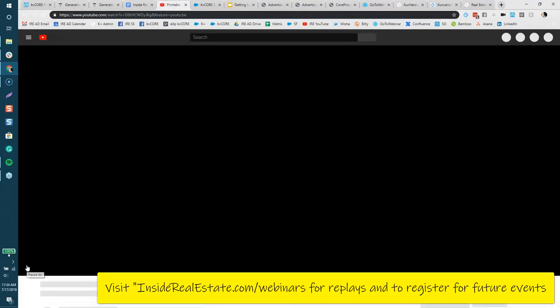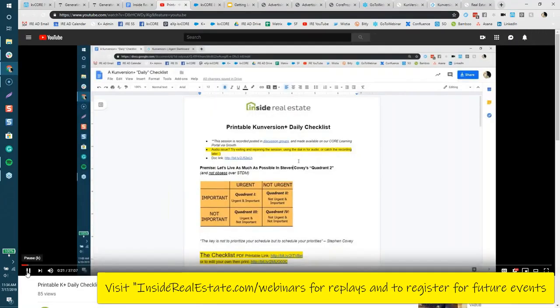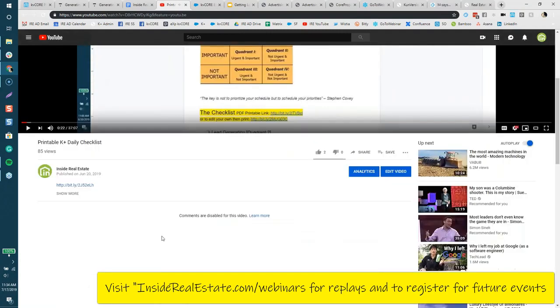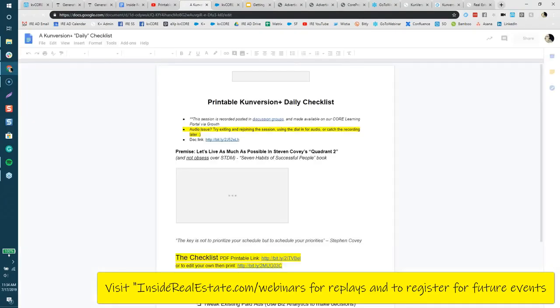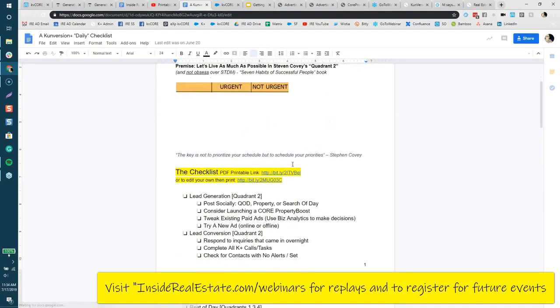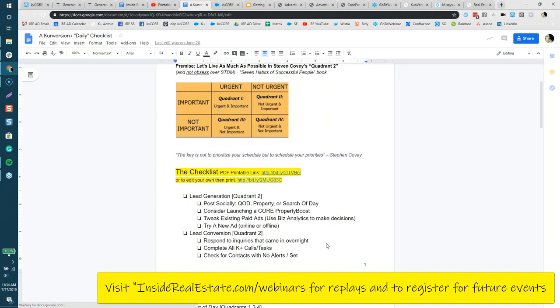However, you'll also find these on the support portal, and the doc links are right inside this section. If you click into the doc, you'll be able to see all of the information that we shared, and how you can go to this printable link if you want to print out your own list instead of using this one. So this is a clean one right here.